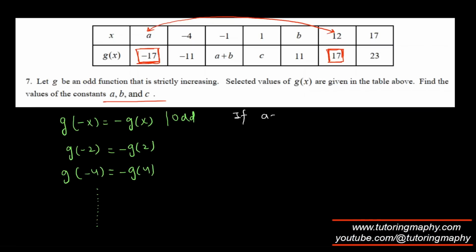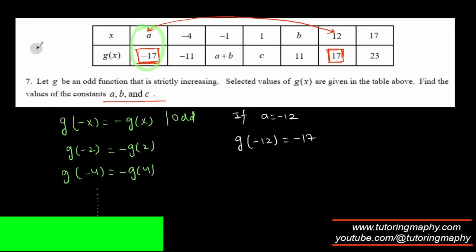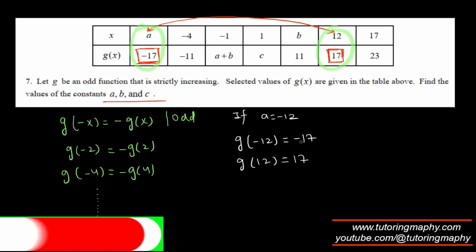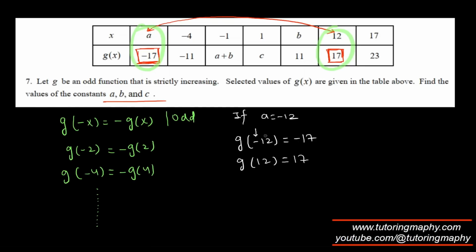If a is minus 12, then I will say g of minus 12 is minus 17 as per the numbers that are written over here. And over here, I have g of 12 equal to 17, which is absolutely right. That is the odd function, right? If I put a minus sign here, minus should also come here, and that's adding up. So basically, same y values with opposite sign, they should have same x values with opposite signs as well. That's what we conclude.